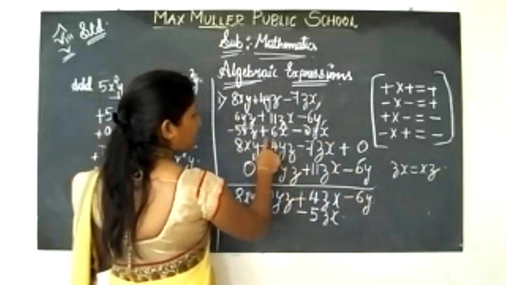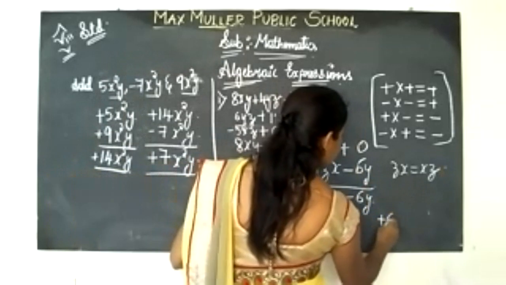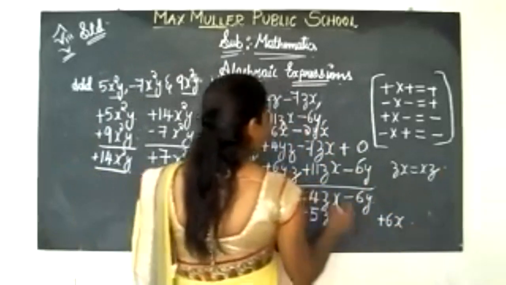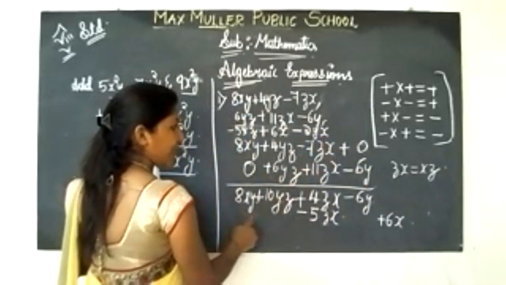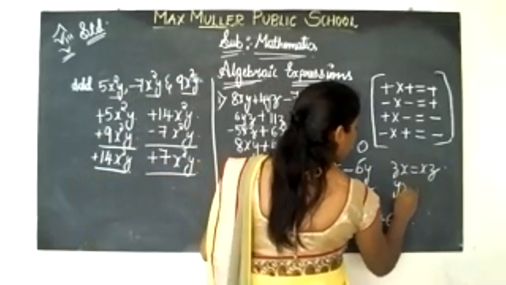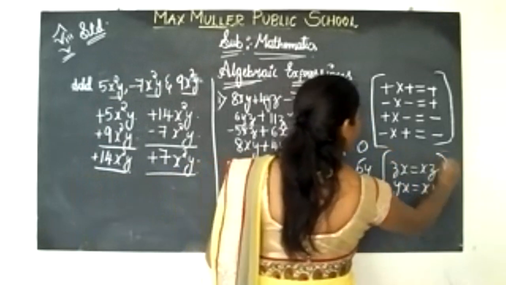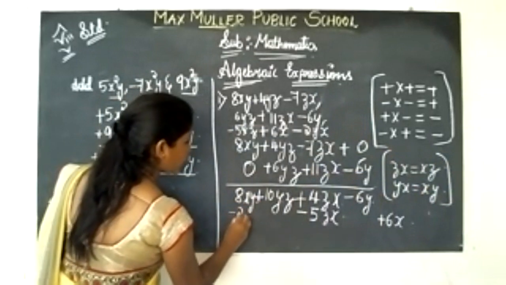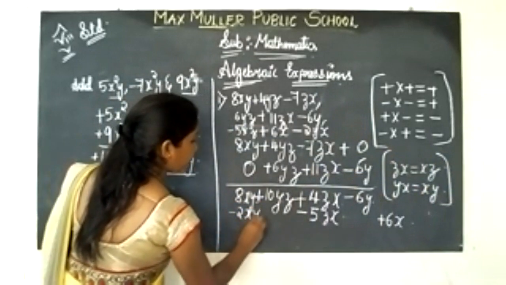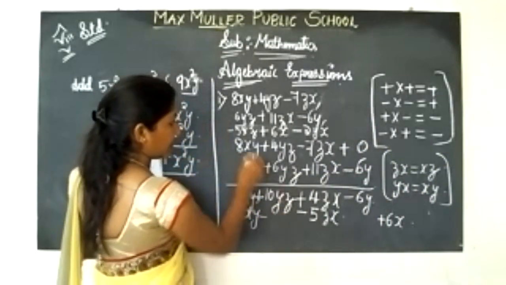Next, plus 6x. This is a different term, write it separately. And then minus 2yx. yx is equal to xy, so write under that minus 2xy.